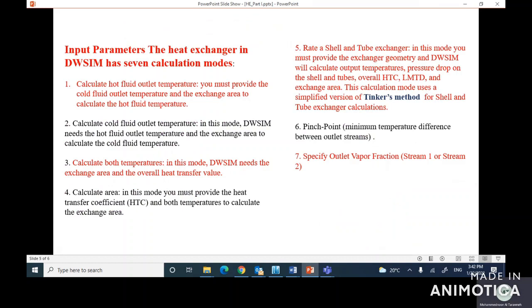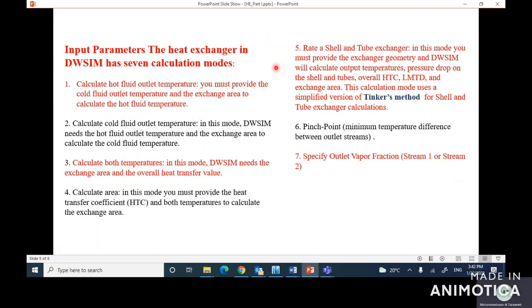So what can DWSIM do? You can do different things when it comes to the design of a heat exchanger. Basically, it can calculate the exit temperature for either the cold or the hot fluid, or we can obtain both temperatures. In this case, we need to provide the software with the exchange area and the overall heat transfer coefficient.